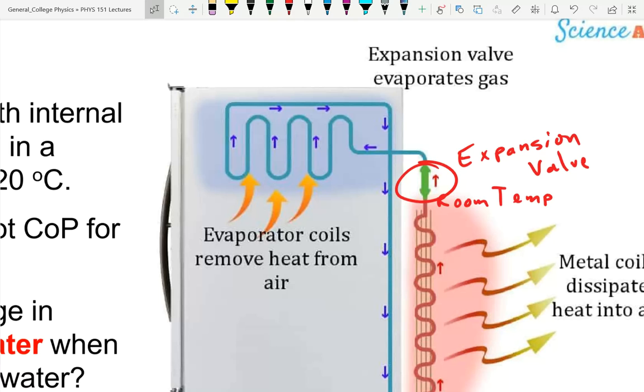So you now have stuff that went from refrigerator temperature to high temperature when you compressed it. Then you cool it down and you let it expand. It's going to go down to a really low temperature. And so that really cold coil then goes inside the refrigerator. And of course, heat naturally flows from hot to cold. So it's colder than what's in the freezer compartment, is what I'm going to talk about here. And so you have heat flow from the freezer compartment into the refrigerant, warming it up.